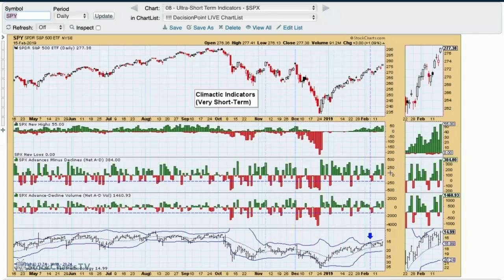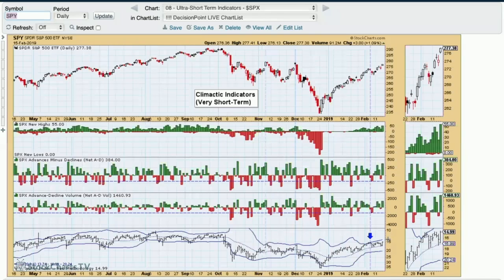Well, I think I would read them as initiation climax. Yeah, meaning that we probably can expect more upside based on those readings.